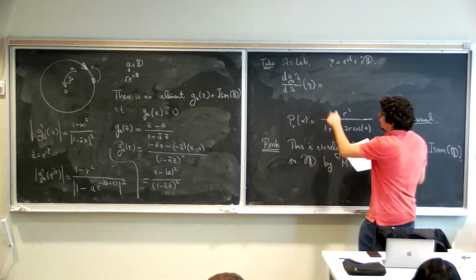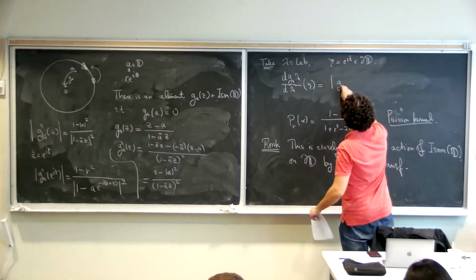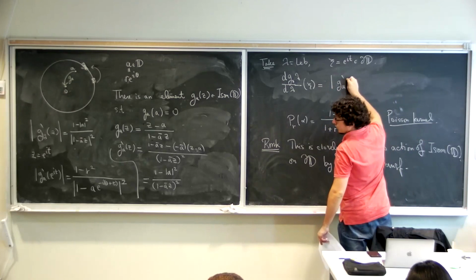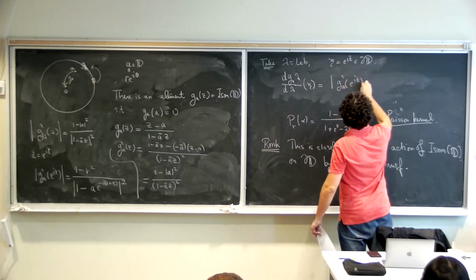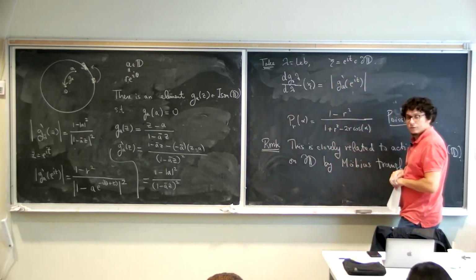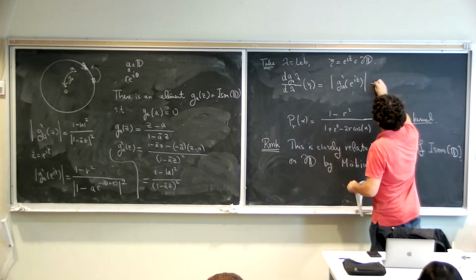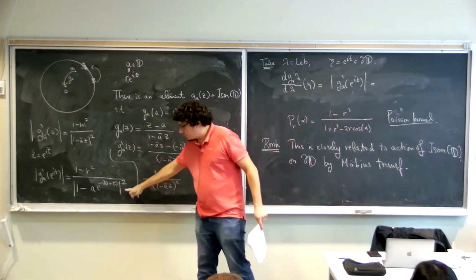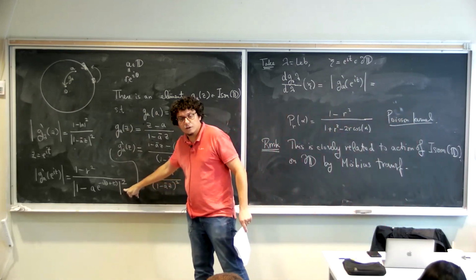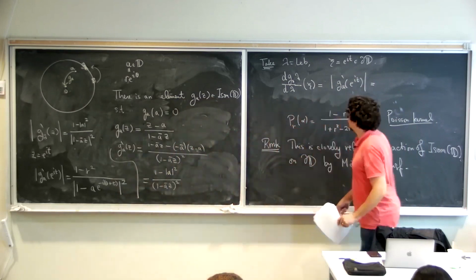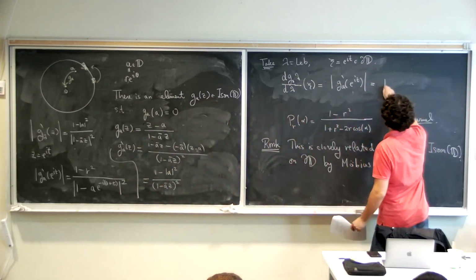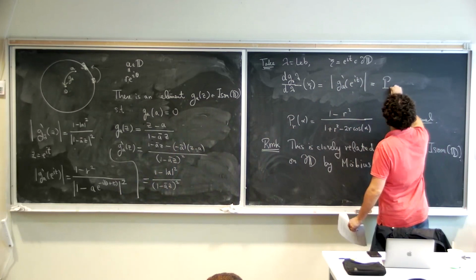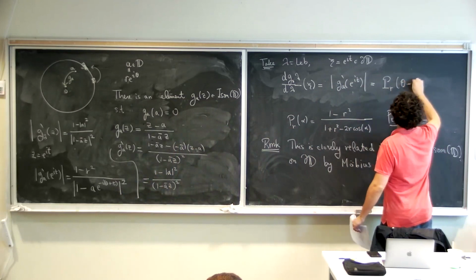So this is precisely the norm of g_A prime at e to the it, and it's exactly the Poisson kernel, P_r of t minus theta.